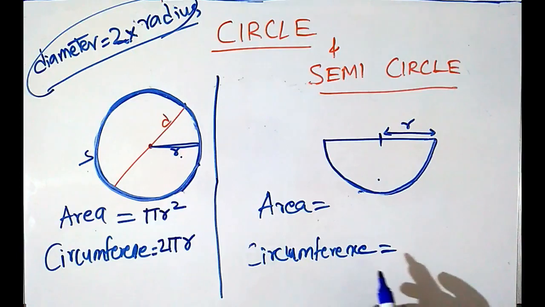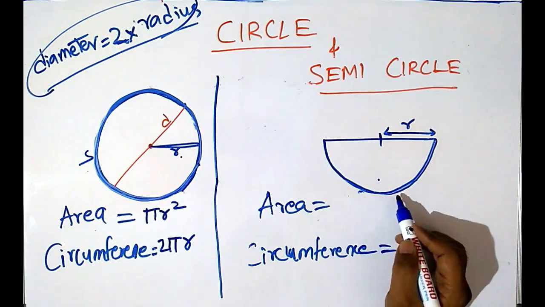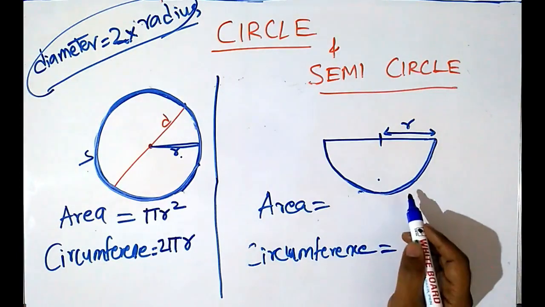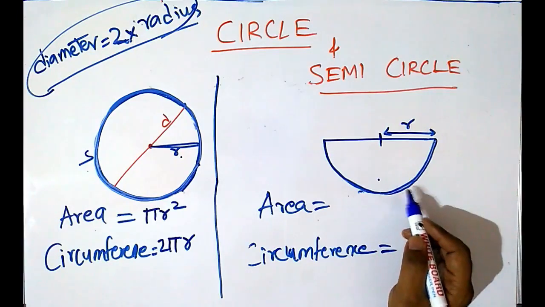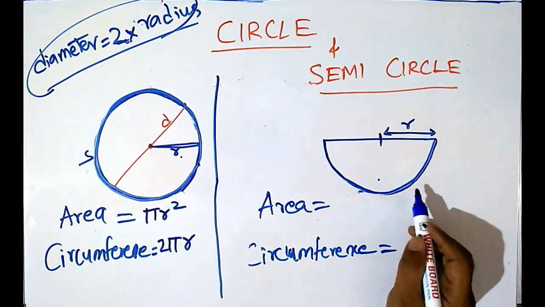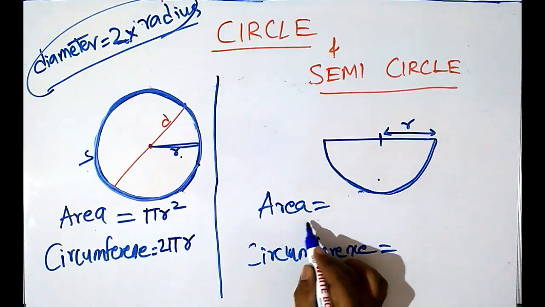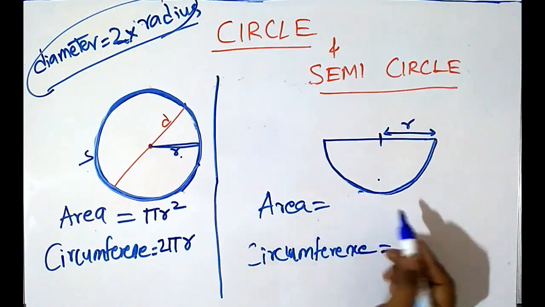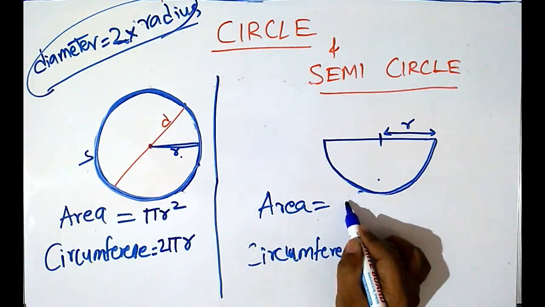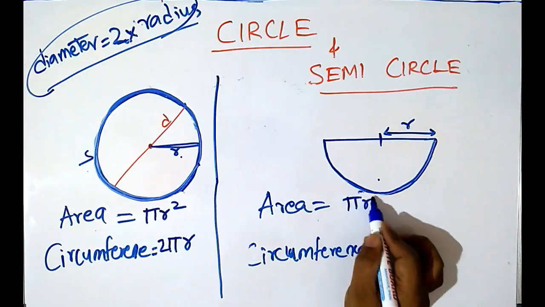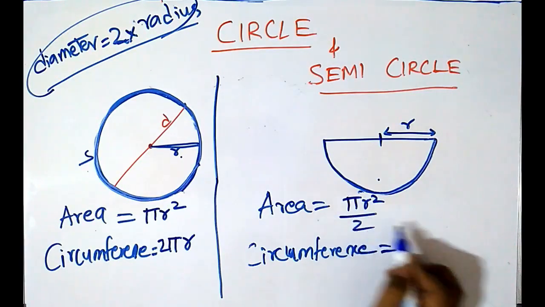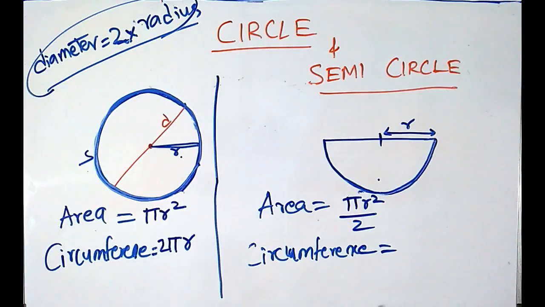In the same way, if we come to semicircle, semi in the sense half of the circle. Semicircle means half of the circle. The area is also half of the whole circle, that is pi r square by 2.